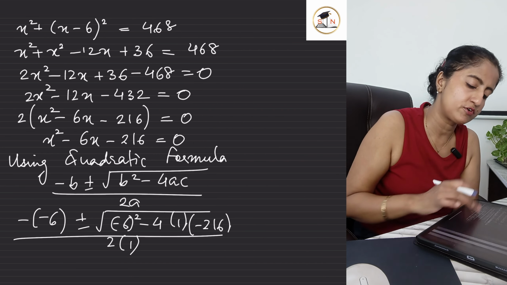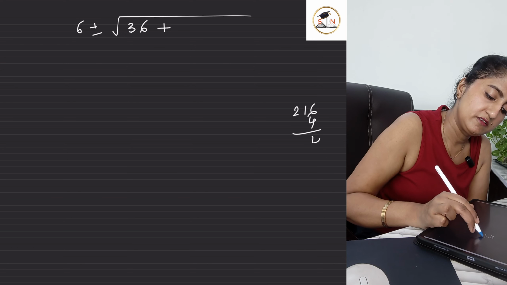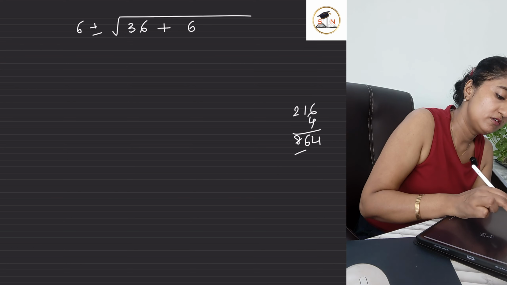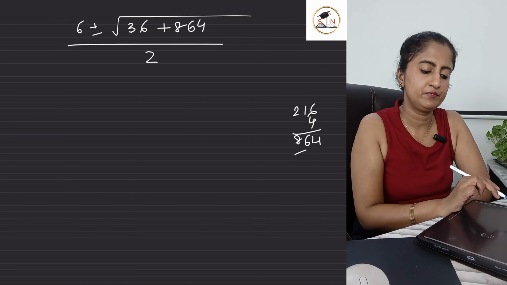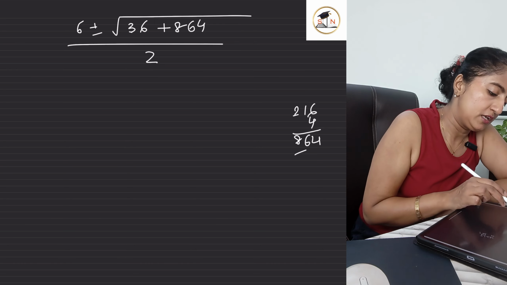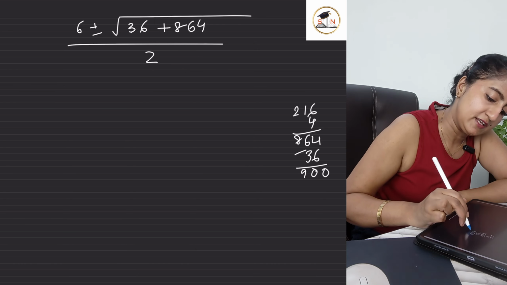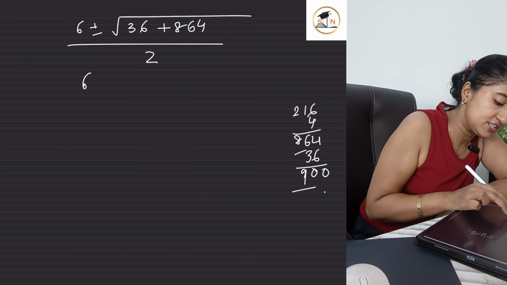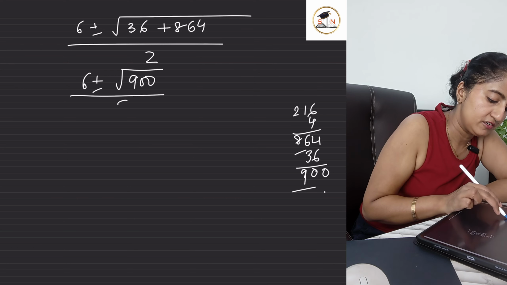And what is going to be 4 times 216? 864, over 2. This is what we are having, right? So now we have to add 36 to it, and voila, we got such an easy number, which is 900 upon addition, right?